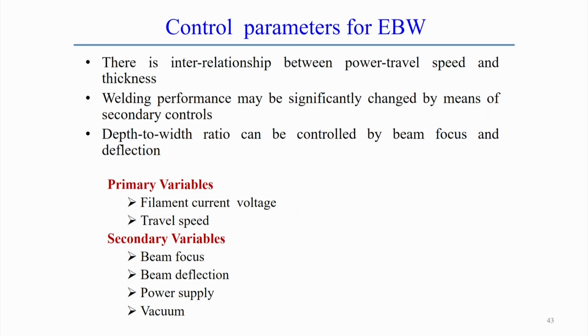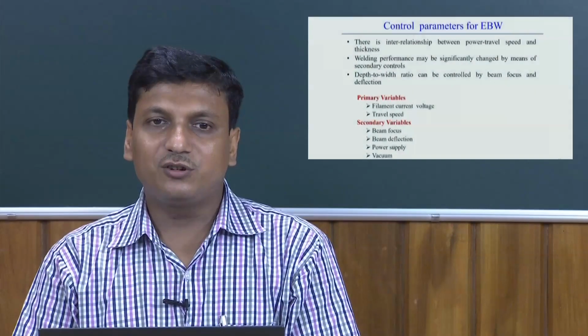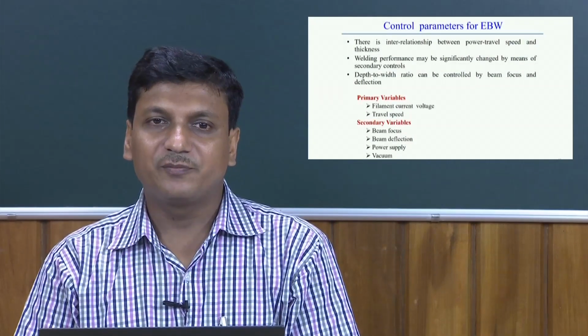The primary variables are the filament current, voltage and the travel speed. The secondary variables are the beam focus, deflection of the beam, power supply, and of course the vacuum chamber, that is, up to what pressure we can create the vacuum.